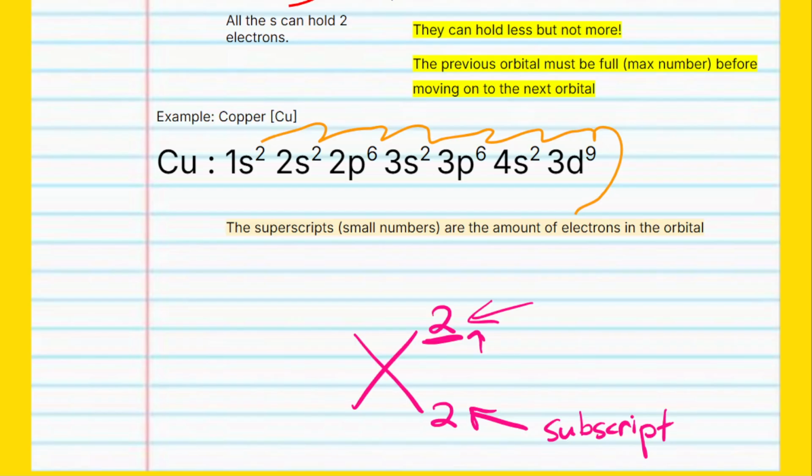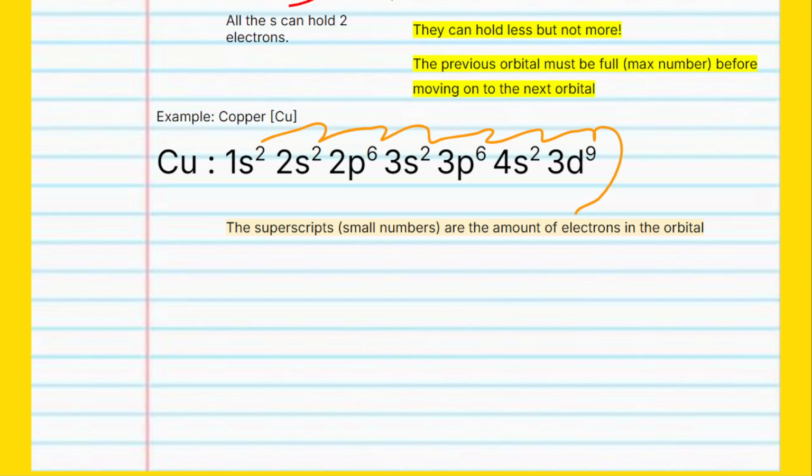Super is on top, sub is on the bottom. If you learn about physiology, you're going to learn about medical terms, right? So superior is on the top or above. Okay, too much off task.